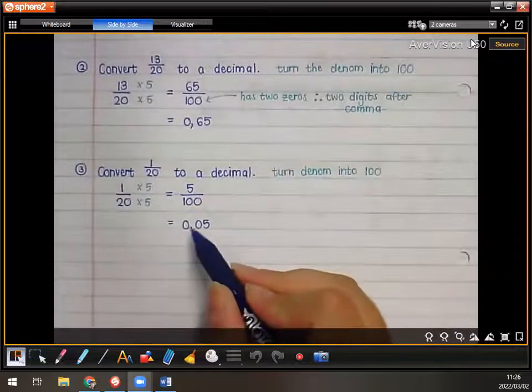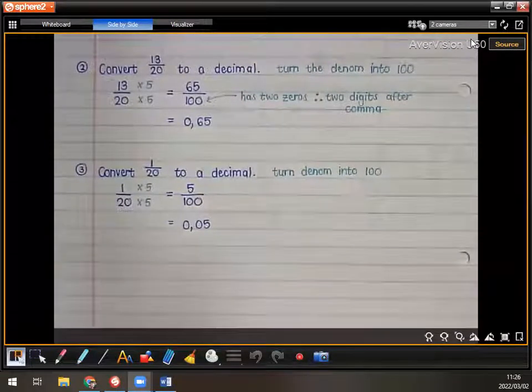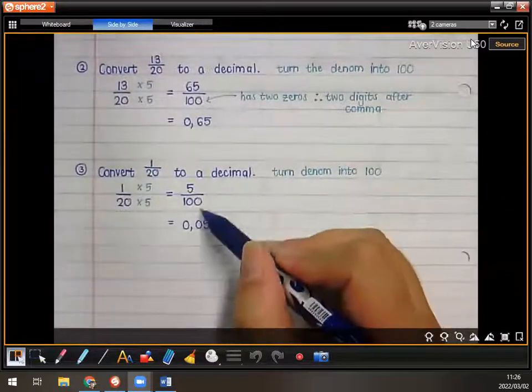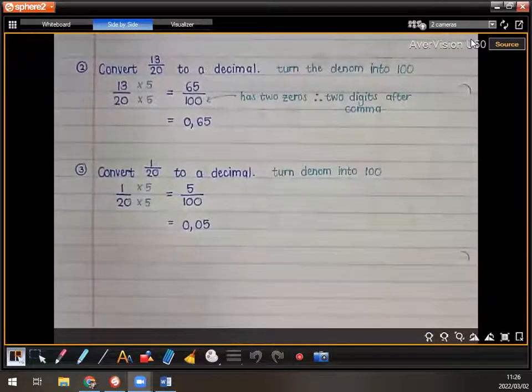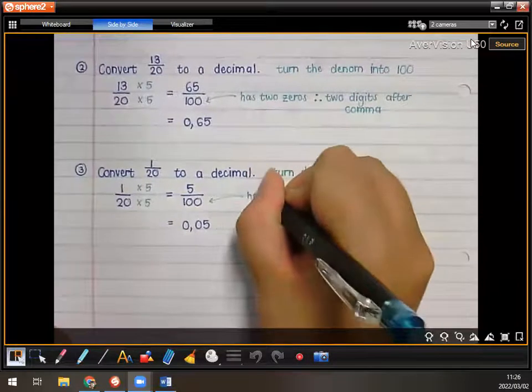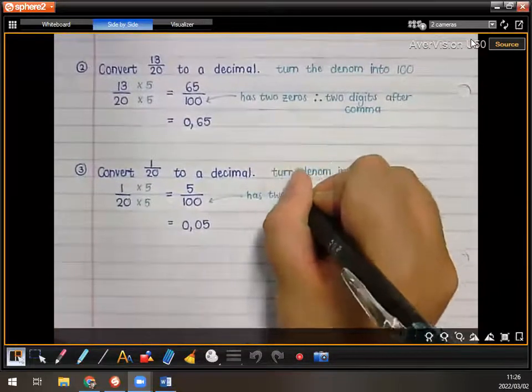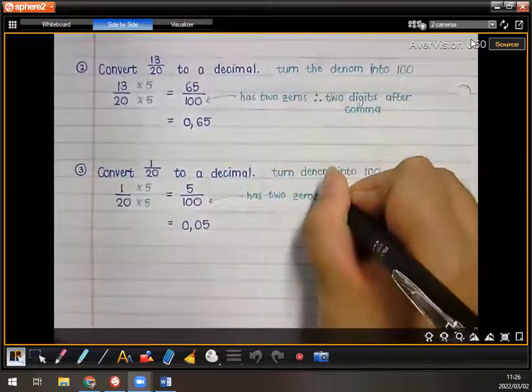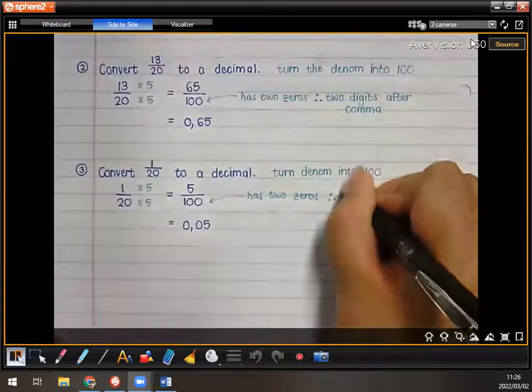Can I put it as 0,50? Is that the same? 0,50 is actually a half. It's 5 over 100, not a half. No. So, guys, I'm just going to add here: has 2 zeros again, therefore 2 digits after the comma.